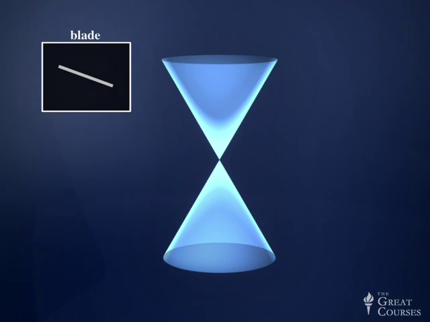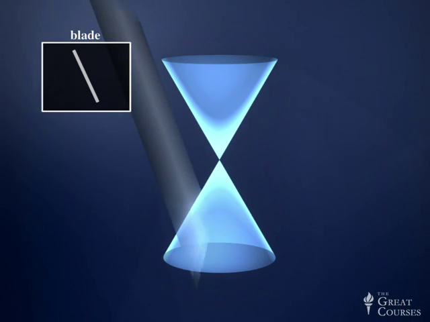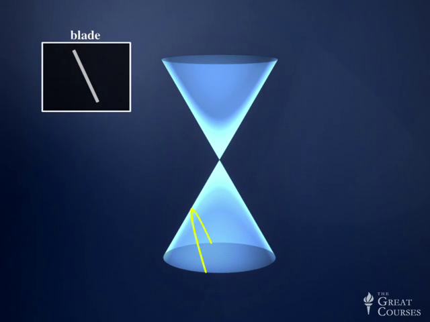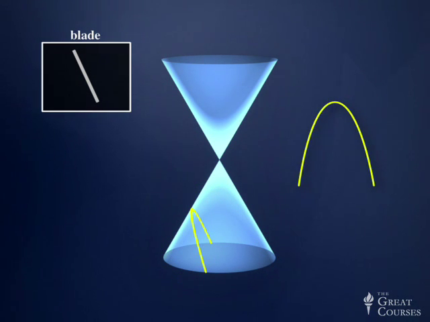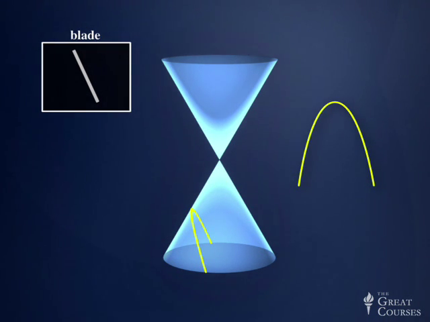Now, if you change the angle of the blade so that it's slightly steeper than the angle of the side of one of the cones, then the cross section will no longer be a closed curve like a circle or an ellipse. And what you get then is something you already know a lot about. That cross section, where the angle of the cut is quite steep, but not vertical, is called a parabola. And we know lots about parabolas.